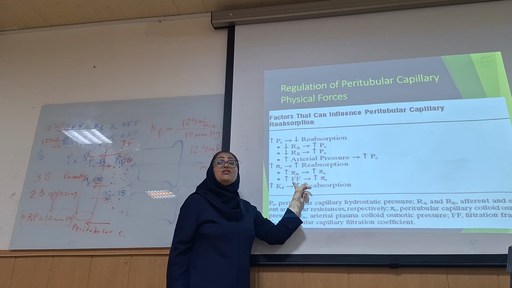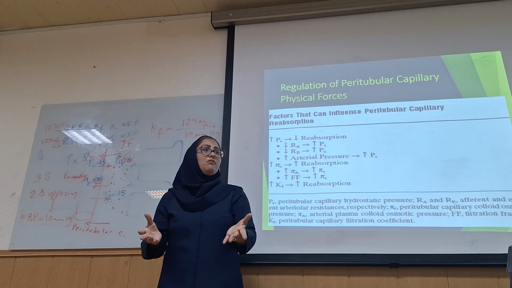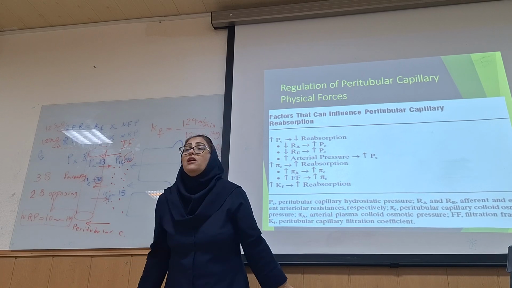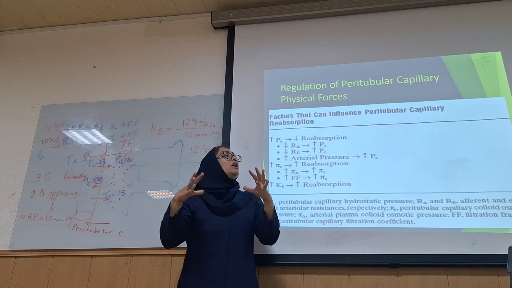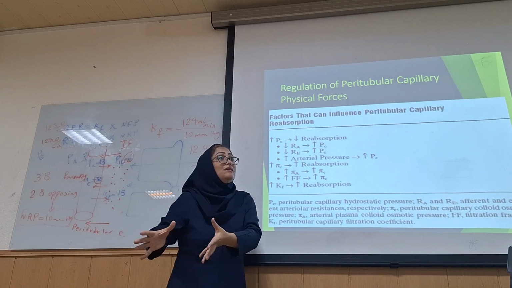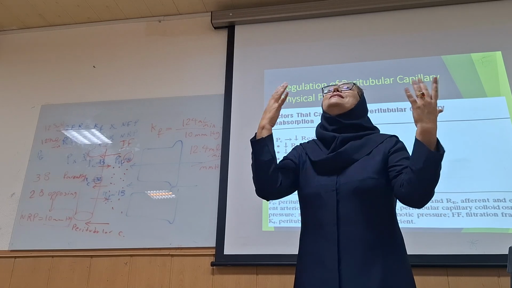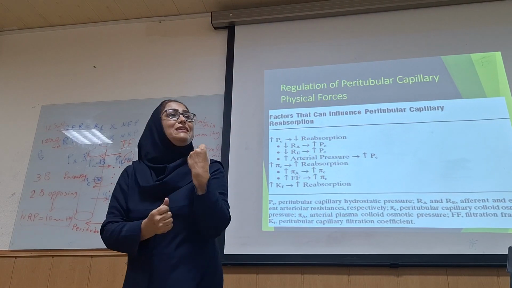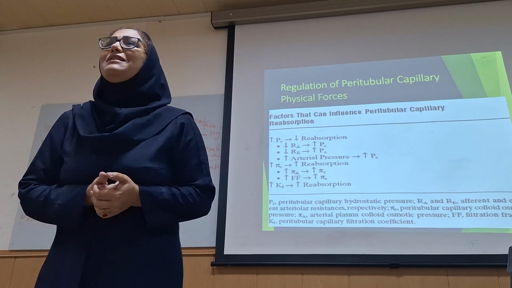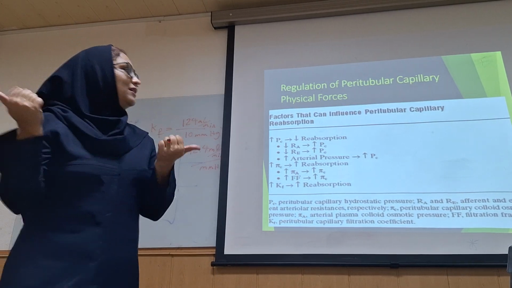When filtration fraction increases, pi C increases. Do you remember I told you a lot of plasma is filtered. What happens? Proteins remain in the glomerular capillary. They begin to move to peritubular capillary. Concentration is great for this reason. So it facilitates reabsorption. It increases reabsorption rate. Got it? Okay, thank you.